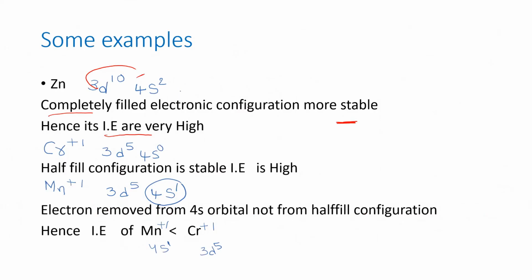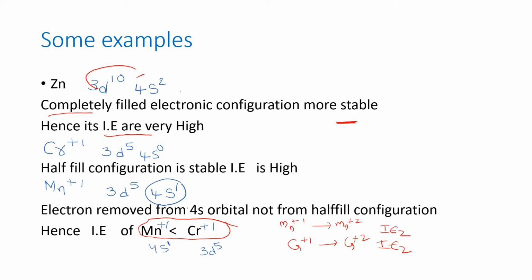Next, one more question. Compare chromium +1 and manganese +1. One electron has already been removed. Now you are removing the second electron, from manganese +1 to manganese +2, and chromium +1 to chromium +2. This is called IE2.